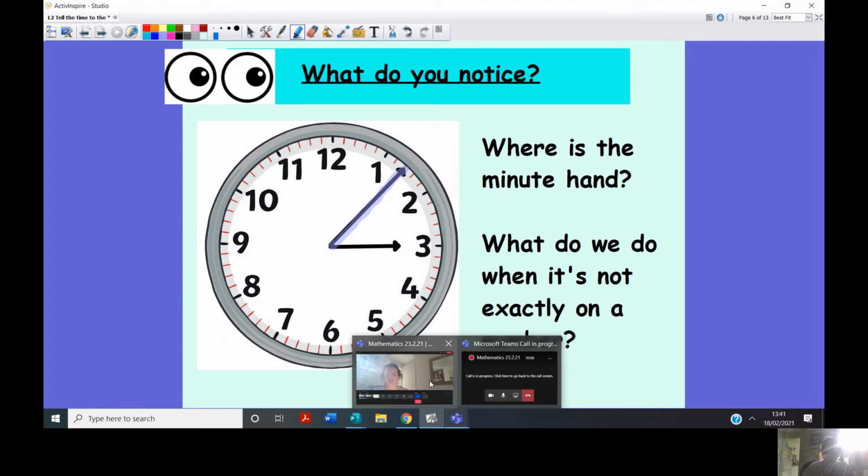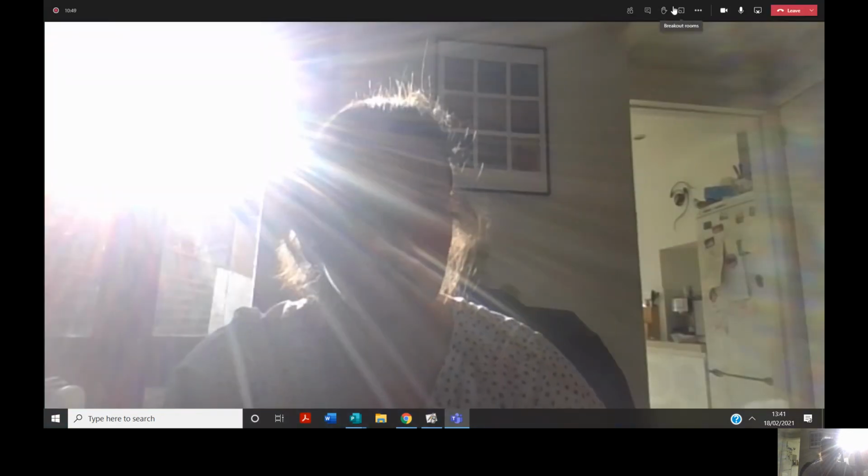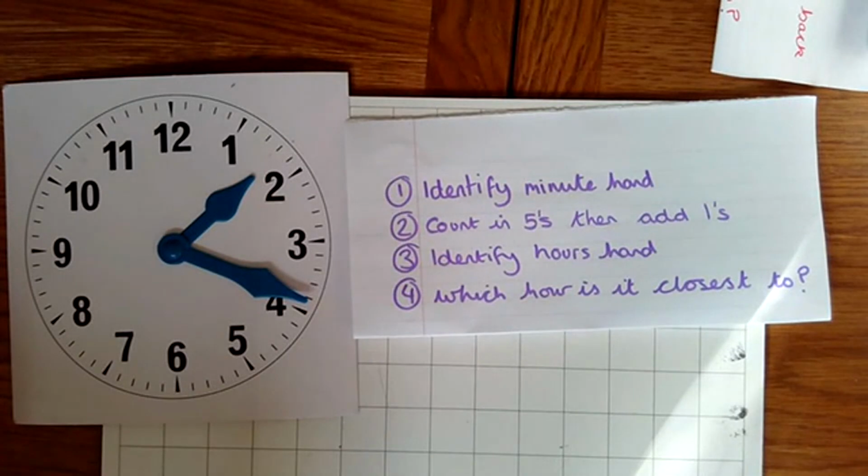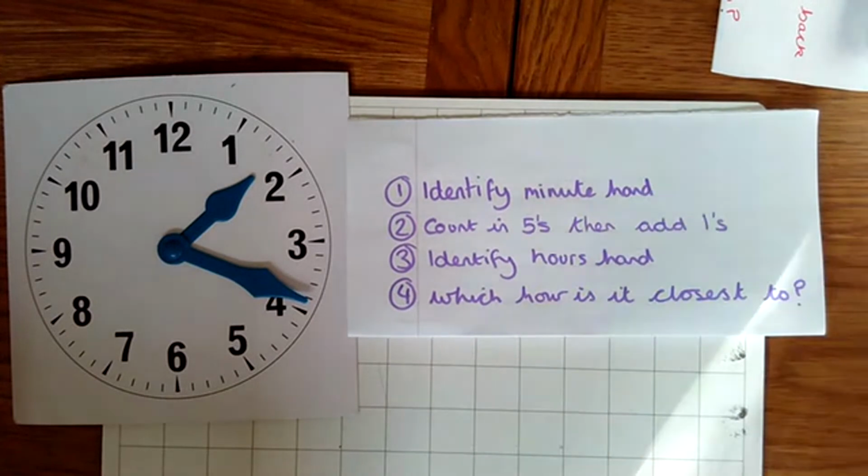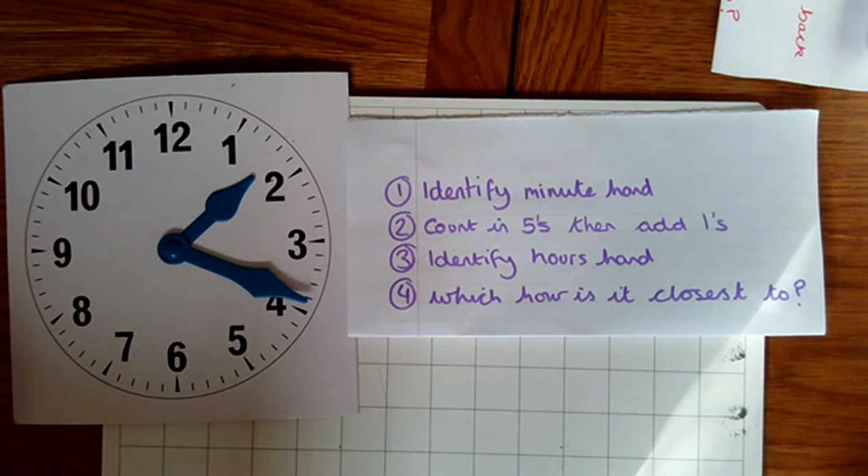So I'm just going to stop sharing my screen and switch my camera over. Okay, so these are steps to success when we are identifying the time to the nearest minute. Our first step to success is looking at that minute hand.